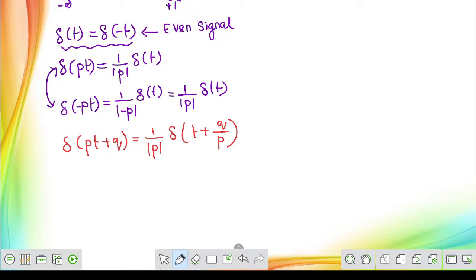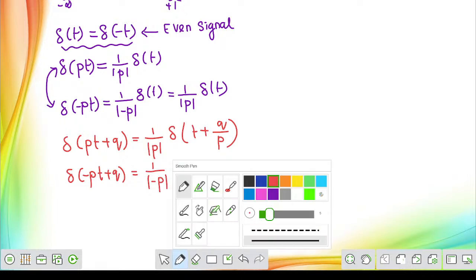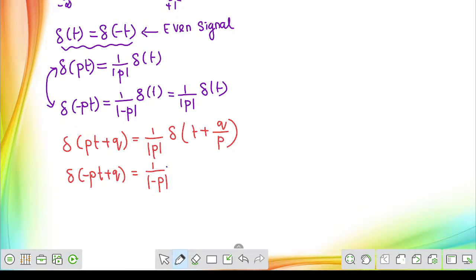Now, sir, suppose it is given as del of minus p times t plus q, then how will you define it? If it is del of minus pt plus q, then it can be defined once again as 1 upon, take minus p outside. The moment you take minus p outside, this will become t minus q upon p.